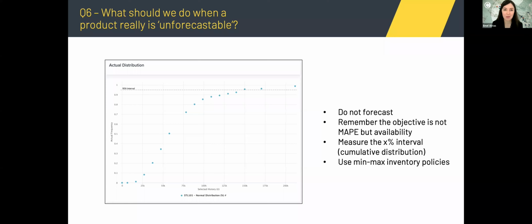Maybe I can turn to Mike to add a few things to that. No, I think that's exactly right. The layman's response would be, don't waste time forecasting items that really are unforecastable. Set inventory policies that can essentially run on autopilot. Sell one, replenish one is a very simple idea.